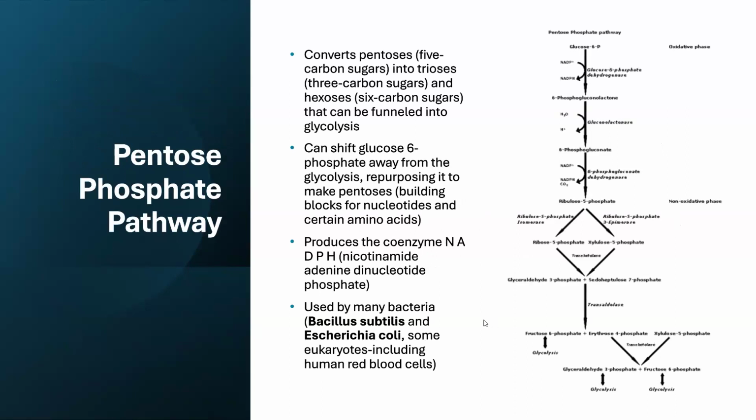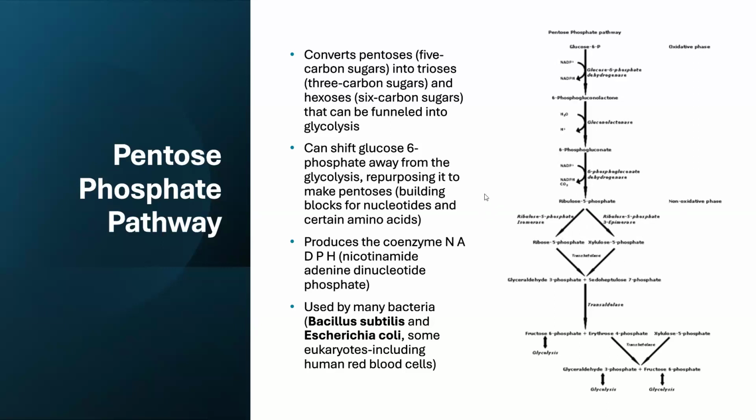So there's this pentose phosphate pathway, and it's very similar to the regular glycolytic pathway, but what it can do is actually shift glucose away from the glycolysis pathway and move into this pentose pathway, which you can see down here, where we are going to end up with ribulose.